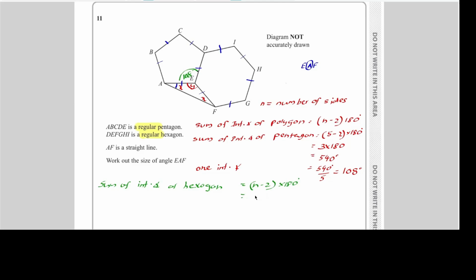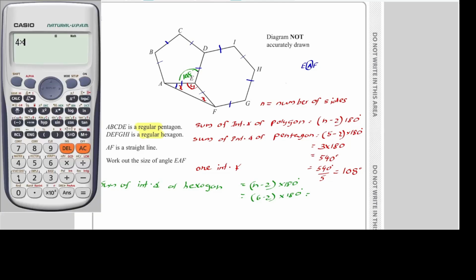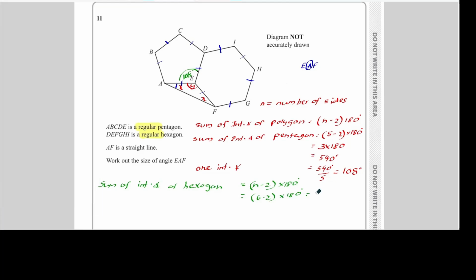How many sides? There are 6 sides for a hexagon. Then 6 minus 2 into 180 degrees, which gives 6 minus 2, 4, 4 into 180. 4 multiplied by 180 equals 720. So the total interior angles is 720.